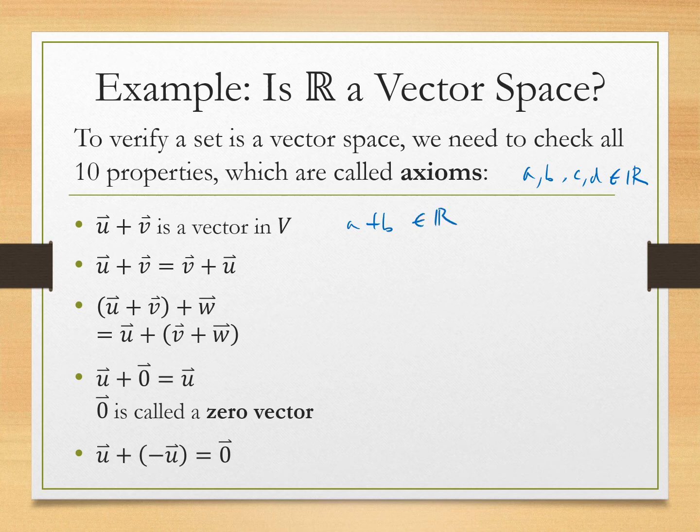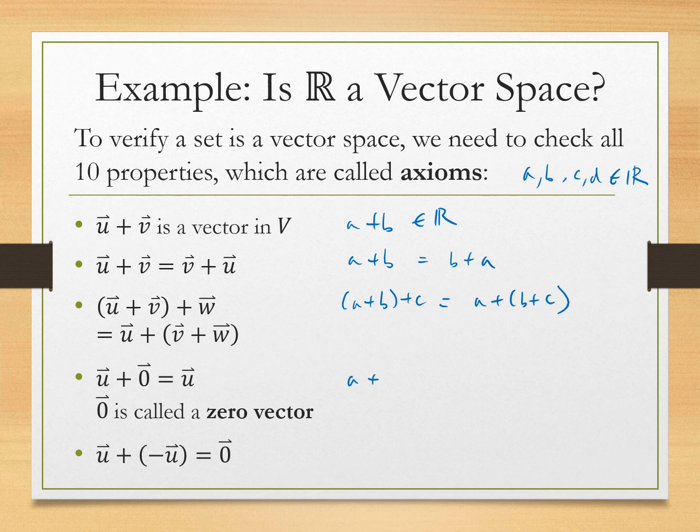It's almost trivial to show that a one-dimensional real number set is a vector space, because A plus B is a real number, and A plus B obviously equals B plus A. So there's really nothing to do. We would not ask you something this simple, because there's really nothing to show here.